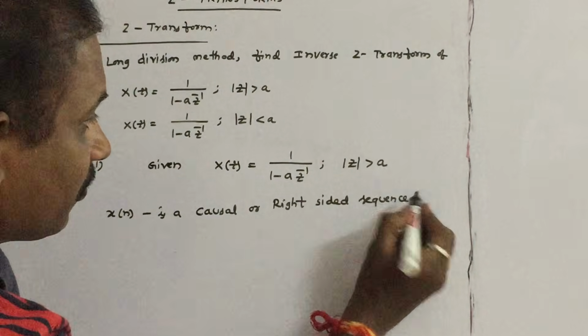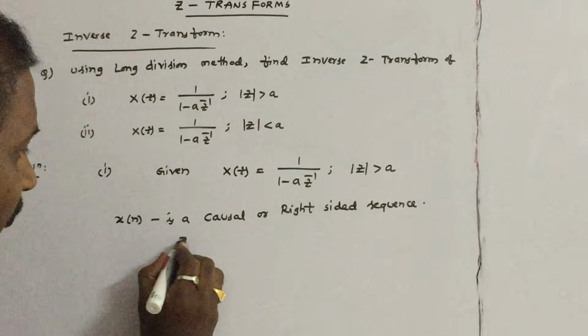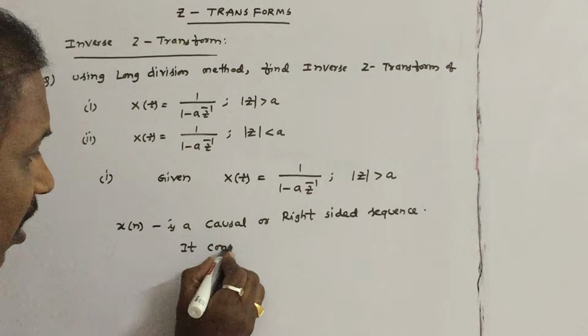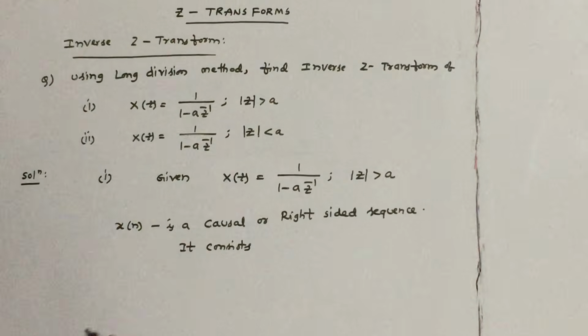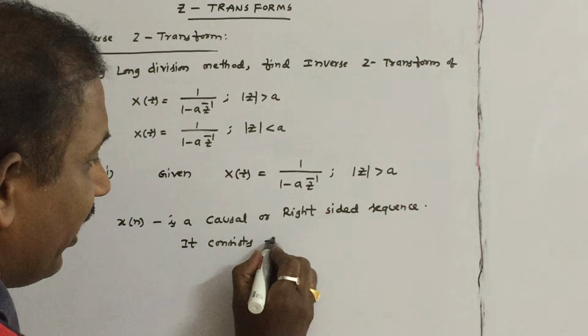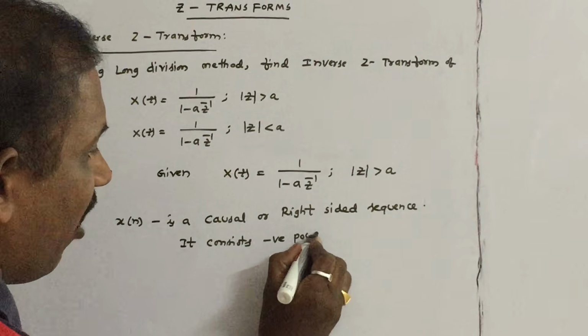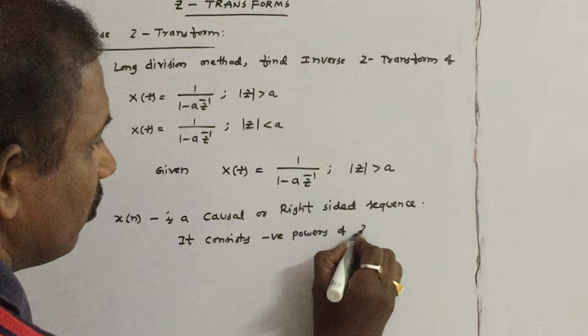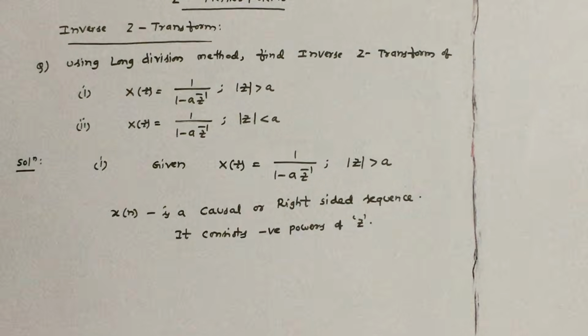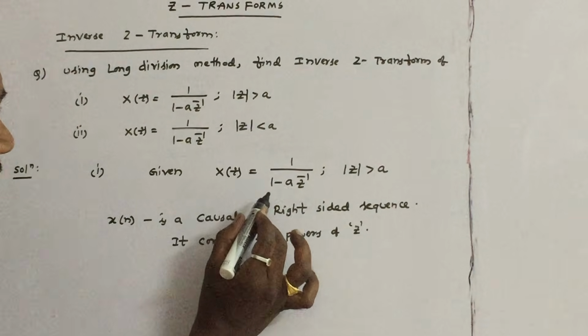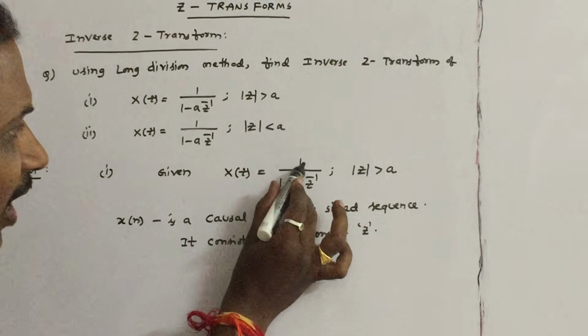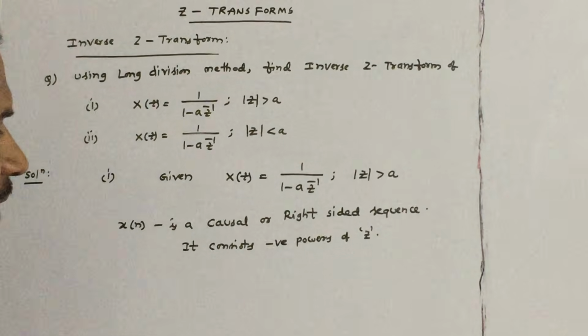As we have discussed, a right-sided or causal sequence consists of negative powers of z. As the name itself indicates, in the division method we have to divide the numerator by the denominator.